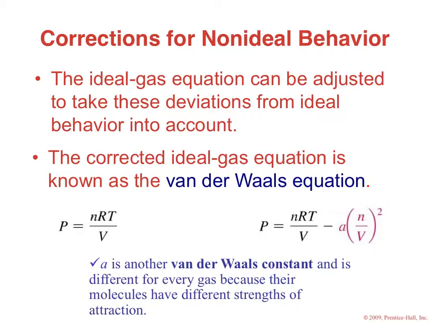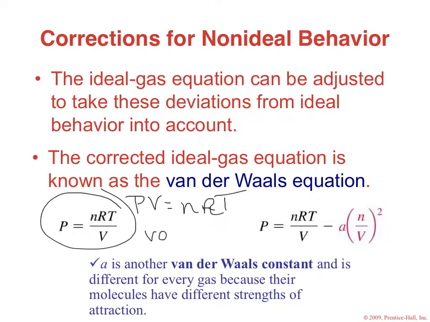So what do we do if we have a gas that's behaving non-ideally? Well, instead of being able to use the ideal gas law as we're used to using in its very simple form, this ideal gas law is based on the fact that the volume of the gas particles themselves is zero. So we have to have a correction for the volume, because under non-ideal conditions the volume of the gas is not zero, it becomes larger.